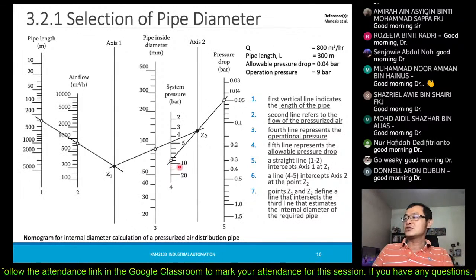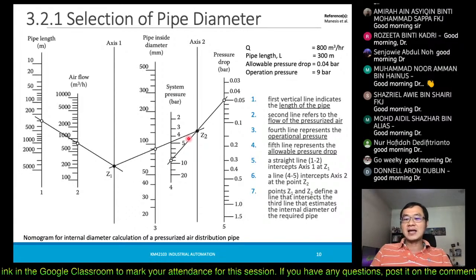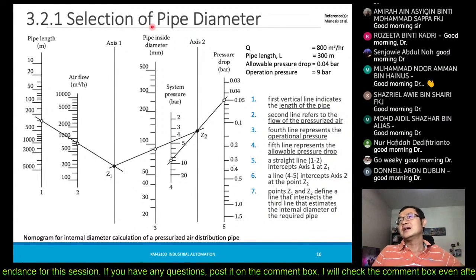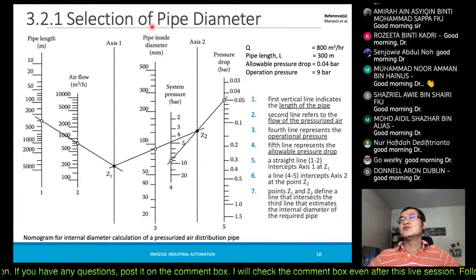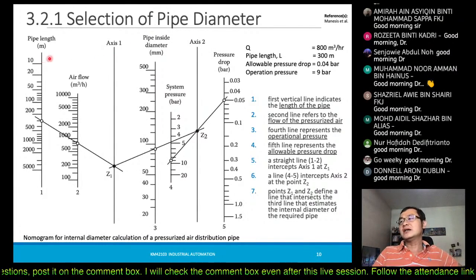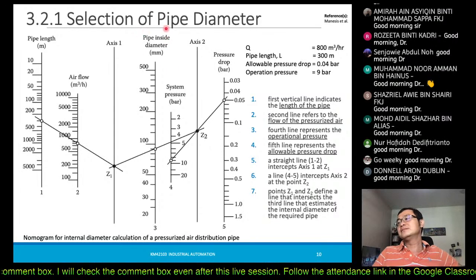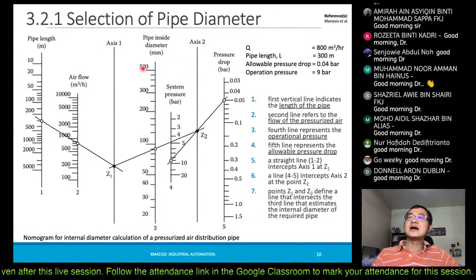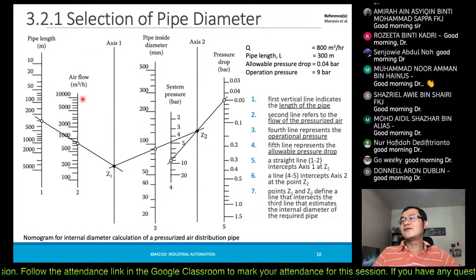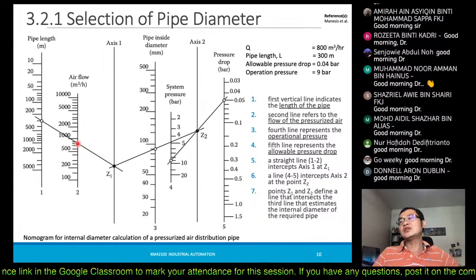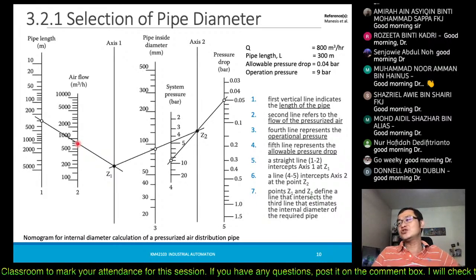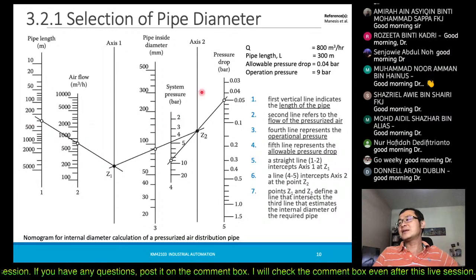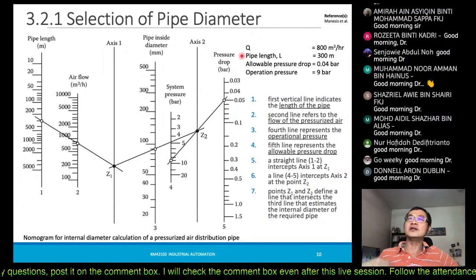From this chart also, we can do the reverse. Let's say we have an existing system and we know the pipe diameters. Then if the system changes, let's say the airflow volume changes and we want to increase the volume of usage, from there we can also estimate the pressure drop or the system pressure.